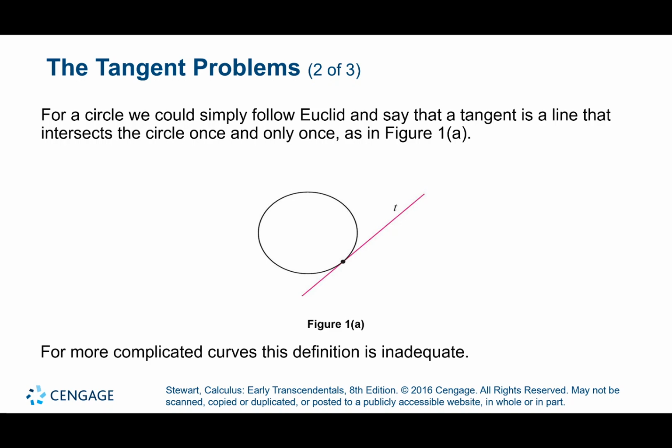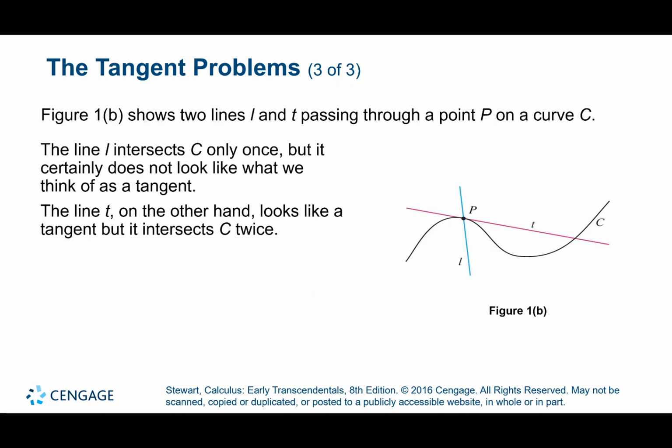Now suppose we have a curve that's maybe more wavy. It's not just a simple circle. It has some kind of wavy polynomial-looking graph. Then this definition is not going to be quite good enough for us to talk about what we mean by tangent line. So let's look at another picture. Here the black one is our curve.